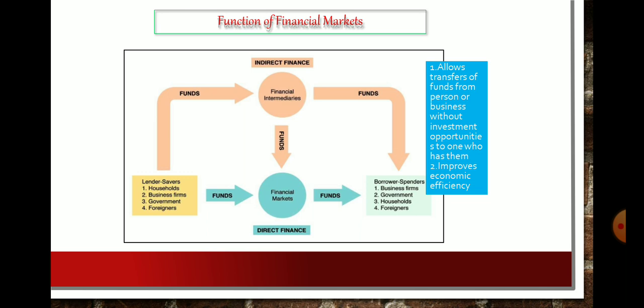If we go by the indirect, there is a financial intermediary which will follow the financial market rules. The other option is that we can lend the money to the borrower directly. So basically there are two things. Here on the right hand side, it allows transfer of funds from a person or business without investment opportunities to one who has them. The second one is improved economic efficiency. These are the benefits of financial markets.